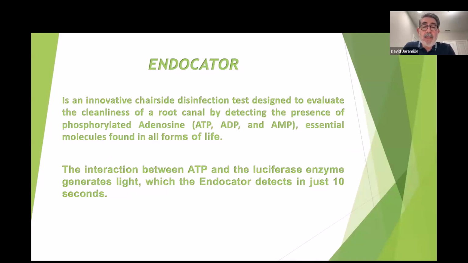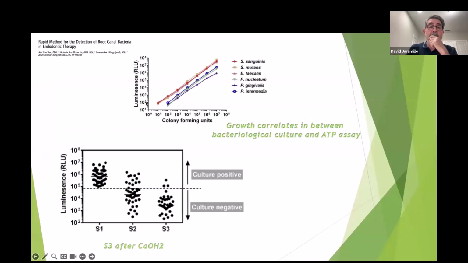The interaction between ATP and the luciferase enzyme generates light, which the Endocator detects in just 10 seconds. So this is the way the Endocator works, by the generation of light. The machine detects it, and we can have a very fast reading. This is how it works. So in Bergenholtz's study, he did his bacteriological studies here, results of the bacteria that he works with, and then he tried the ATP for the detection, and the results were very similar.